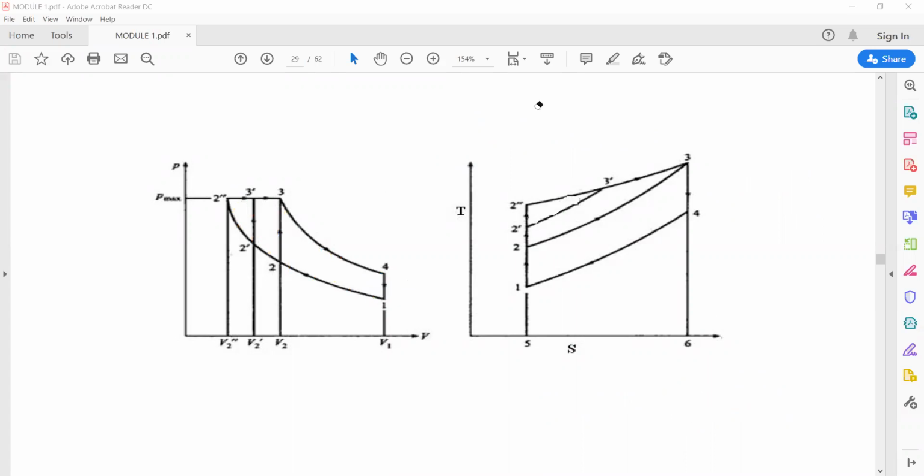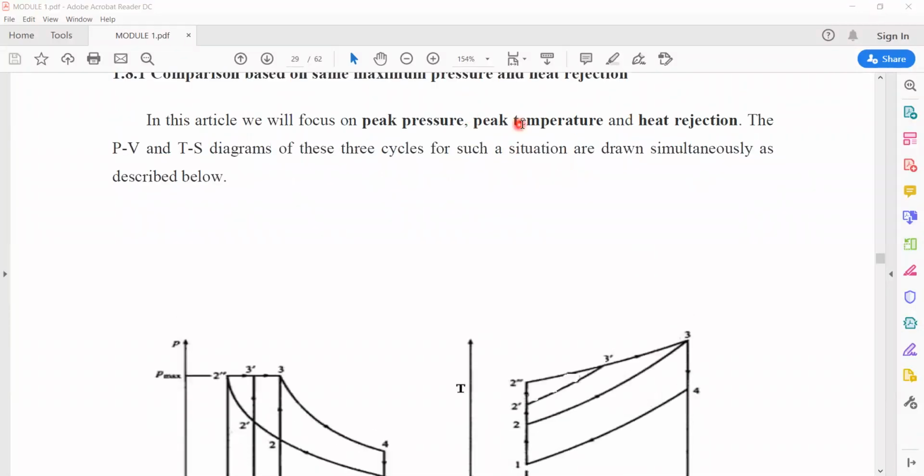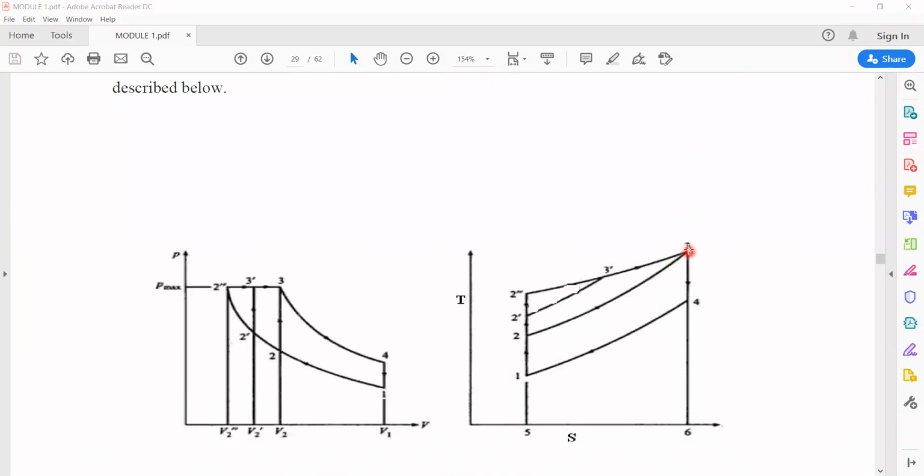Now with respect to the TS coordinates, let's see what it predicts. The maximum temperature is constant for all the three cycles, so T3 remains the same for all the cycles. The cycle 1 2 3 4 1 gives the heat supplied for the Otto cycle.